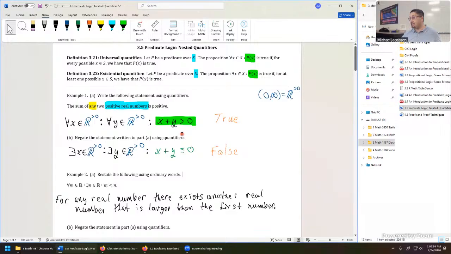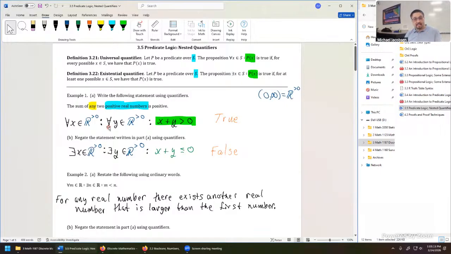And if we negated it, we're really just carrying over the same exact rules that we used in the prior sections. The negation of a statement, whether it's quantified with nested quantifiers or not, is going to flip the quantifier statement from for all to there exists when we negate. The set, or the domain of discourse, stays exactly the same.